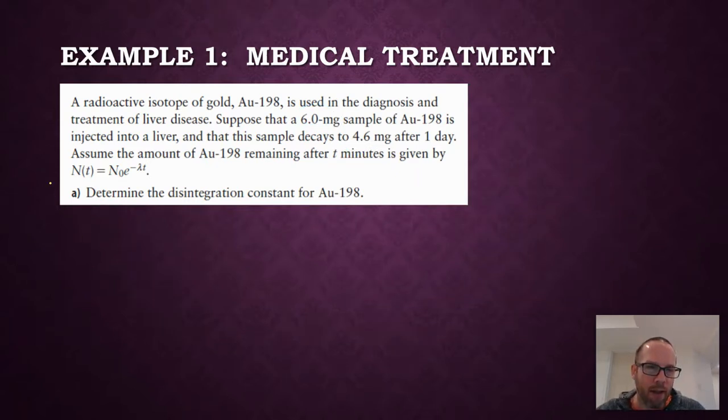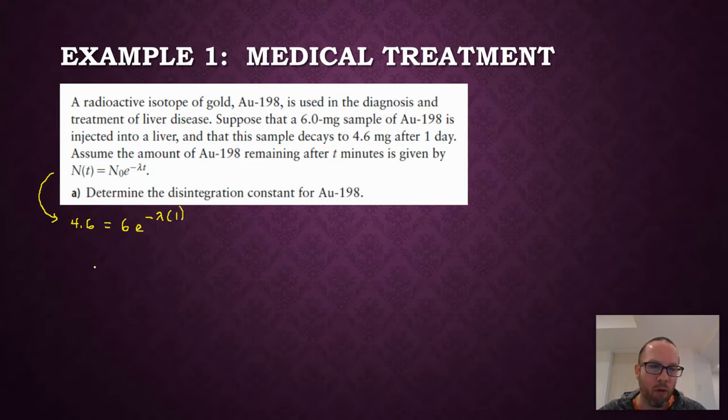So taking our equation here, we know that after 1 day, there's 4.6 milligrams left. So when t equals 1, we're left with 4.6. N naught, the original, is 6, with a base of e. We don't know what lambda is, but we know that when we plug t equals 1 in, we get 4.6.